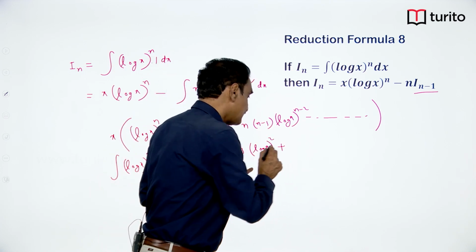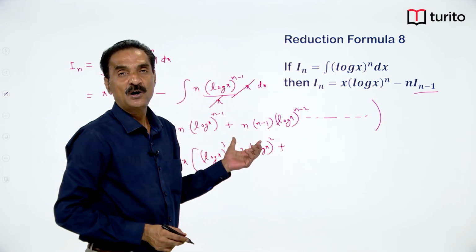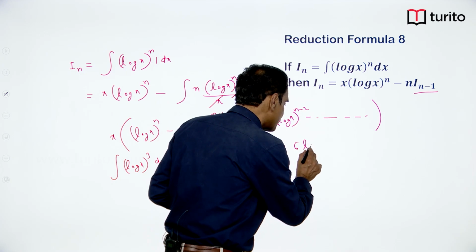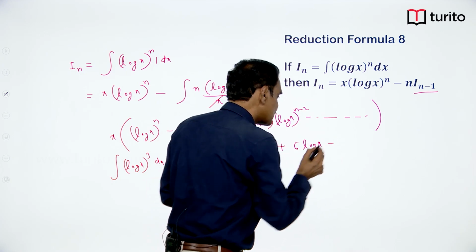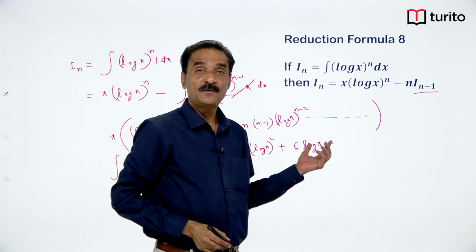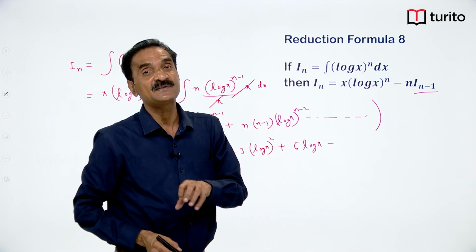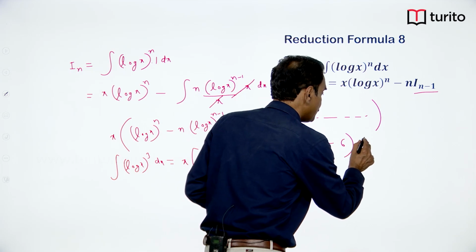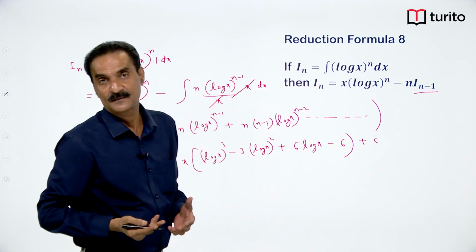Next is plus sign. Derivative of 3 into log x whole square with respect to log x is 6 into log x. Next minus sign. Derivative of 6 log x with respect to log x is 6. So minus 6 plus c.